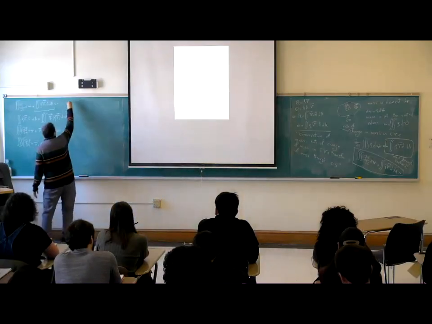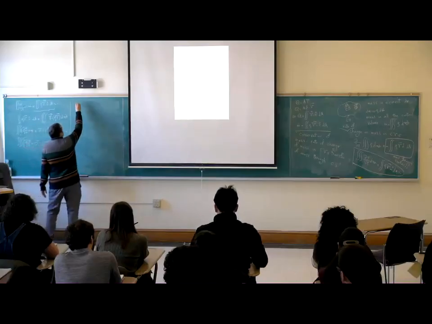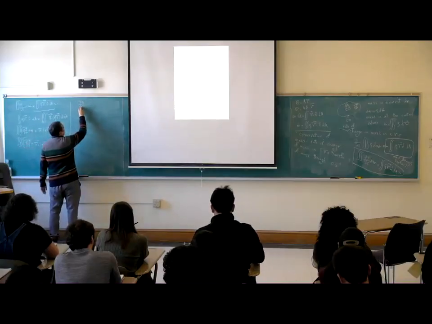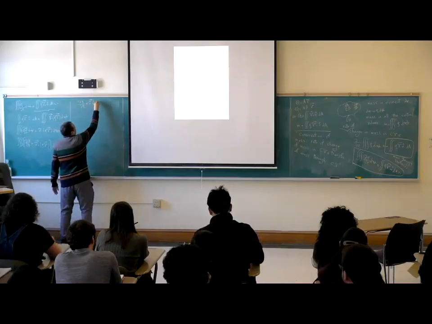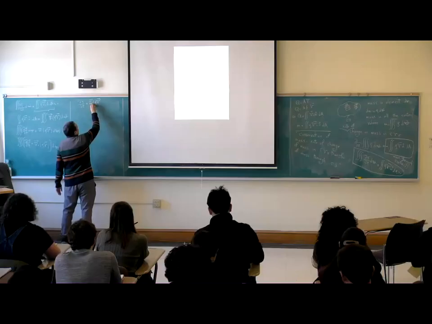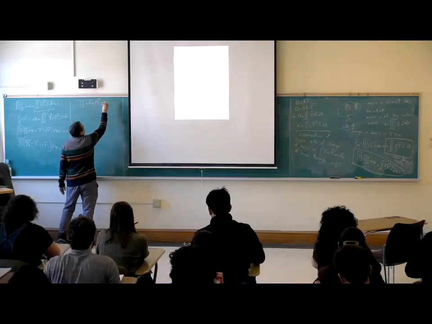So we conclude partial rho partial t plus divergence of rho v is equal to 0.